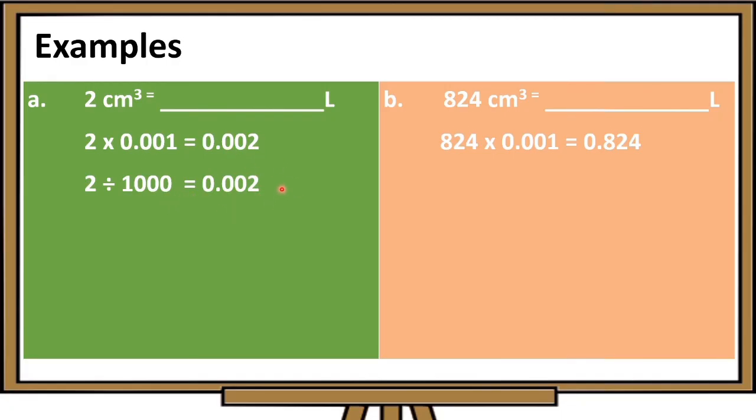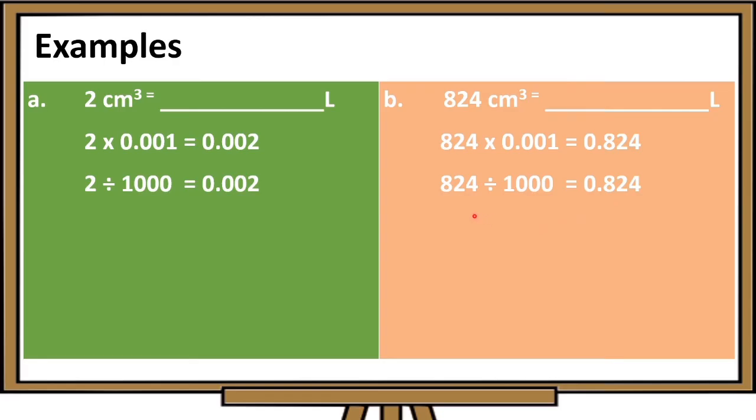So, we have 0.002. The second example is 824 cubic centimeters is equal to how many liters? So, 824 times 0.001, the answer is 0.824 or 824 thousandths.